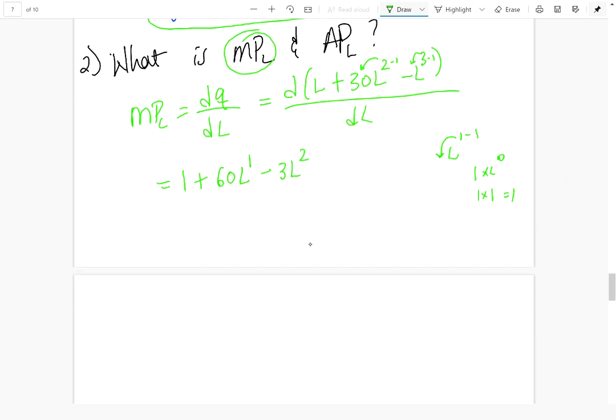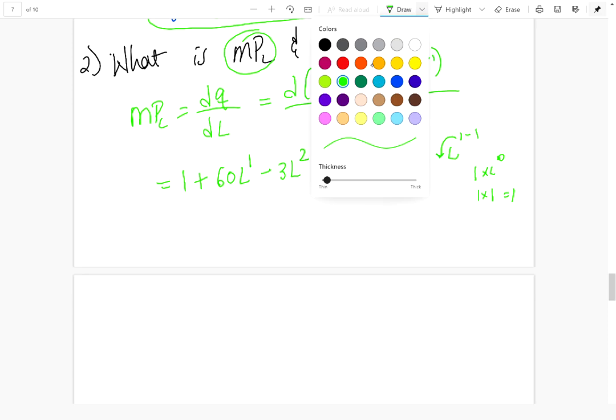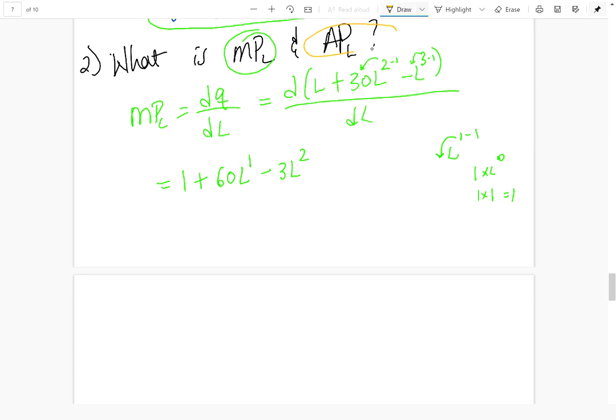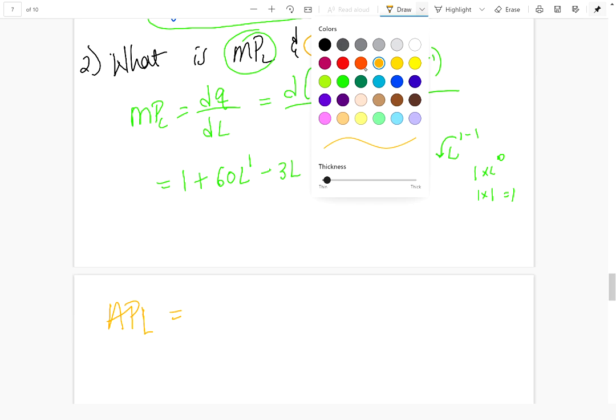Next we have APL. APL, unlike MPL, which is saying if we hire the next person, they'll be able to produce this much quantity.